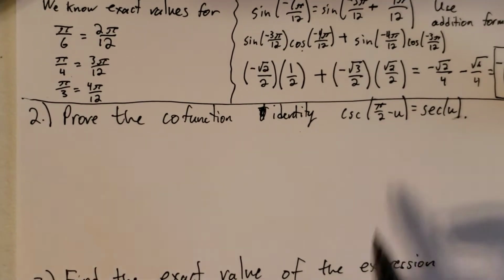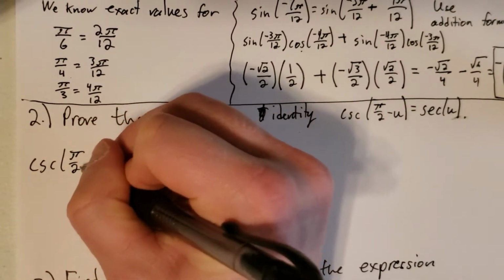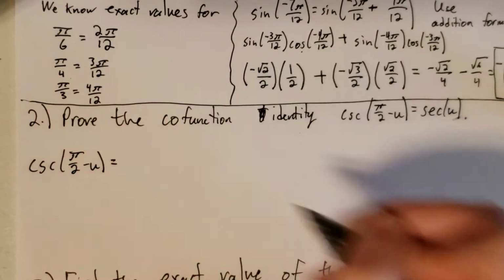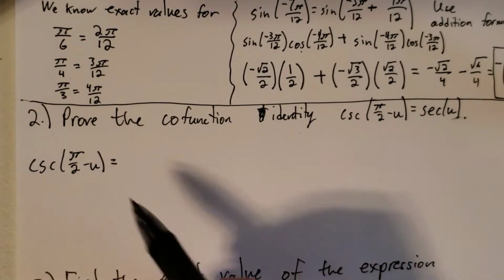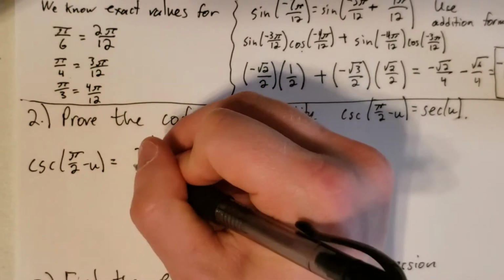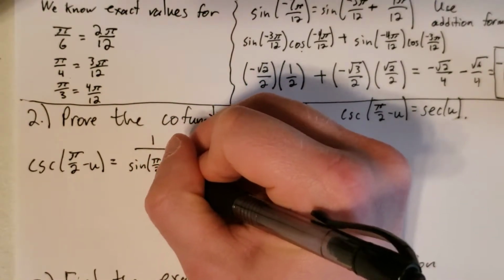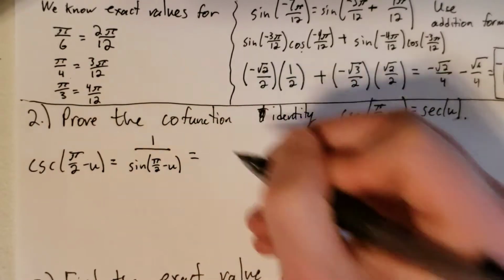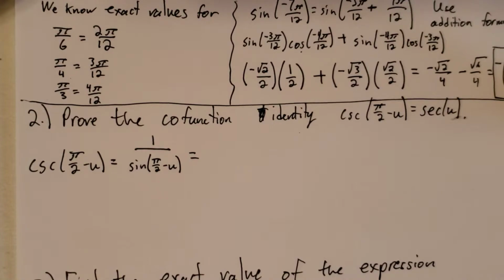To do that, we want to start with the left-hand side here, cosecant of pi over 2 minus u. And then we want to use our, well, actually, first thing we want to do is rewrite cosecant, because this is 1 over sine. So this is 1 over sine of pi over 2 minus u. And now we can use a subtraction formula for sine.